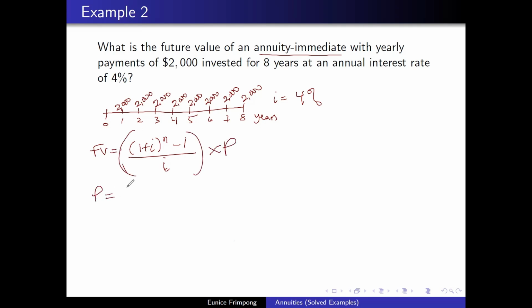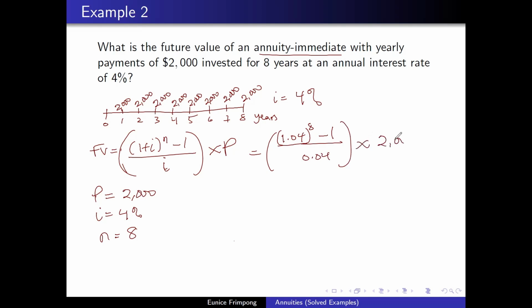My P is my level payment, which is 2,000 in this question. i is 4%. n is 8 because we have 8 years we are dealing with. So fixing these values in the formula, we have 1 plus i is 1.04, raised to the power n, which is 8, minus 1, all over i, which is 0.04, times P, which is 2,000.